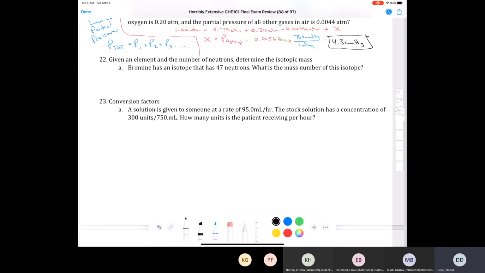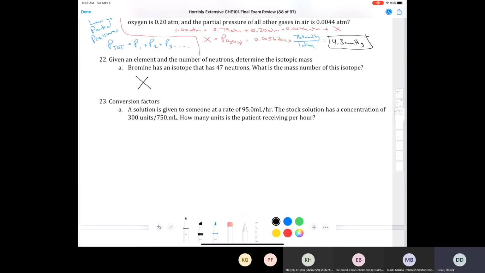It says here, given an element and the number of neutrons, determine the isotopic mass. Bromine has an isotope that has 47 neutrons. What's the mass number of this isotope? Let's review here.